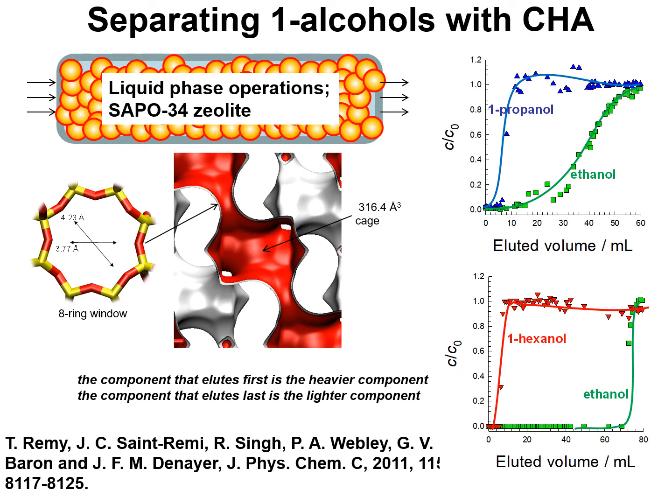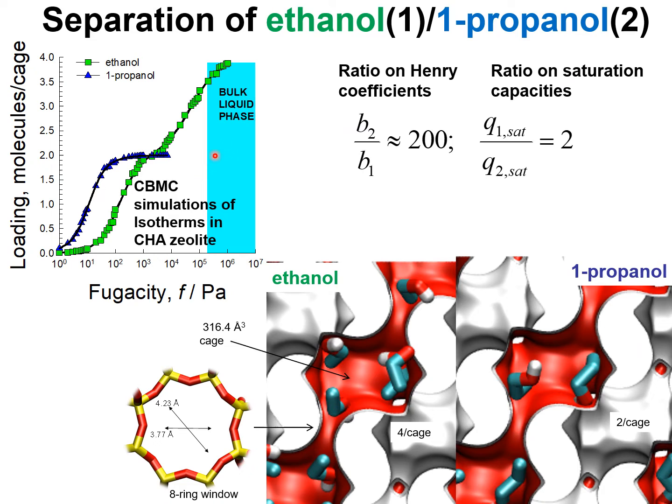in Chabasite zeolite. We begin by analyzing the separation of mixtures of ethanol and 1-propanol. The unary isotherms of ethanol are shown here. This is for 1-propanol. The ratio of the Henry constants for 1-propanol is 200 times higher than the Henry constant for ethanol.